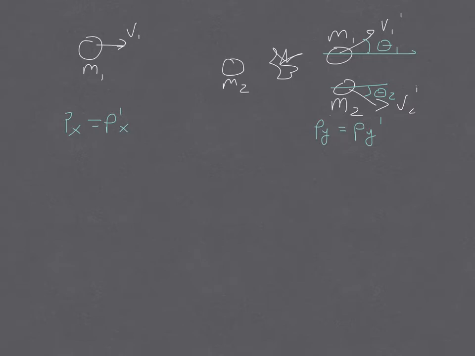So for the x direction, mass 1 does have momentum in the x. Mass 2 doesn't have any. And then mass 1 has momentum in the x after the collision, as does mass 2.